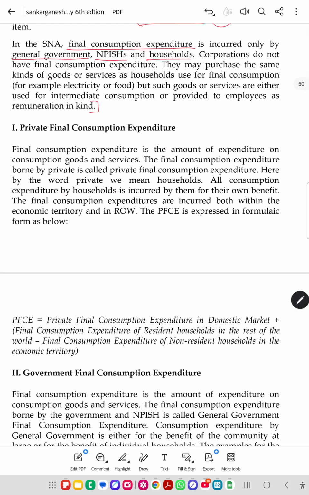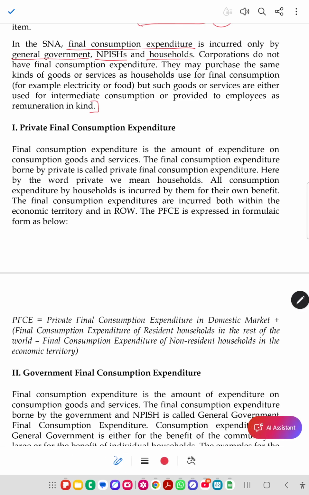Private final consumption expenditure. Final consumption expenditure is the amount of expenditure on consumption of goods and services.